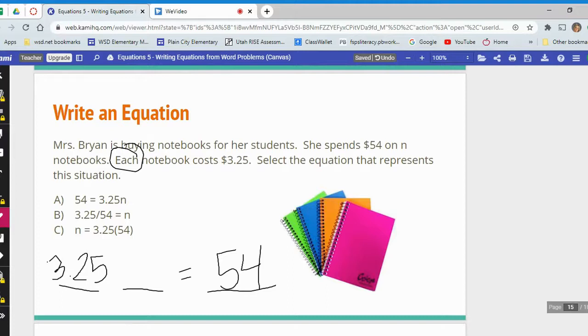So $3.25 for N notebooks is 54, and because it's for each, for every single notebook I have to pay $3.25, I know that is a multiplication equation. And I write it nicely with the coefficient and then the variable. So if we look at our multiple choice, is there one that it matches? Yep, matches A.